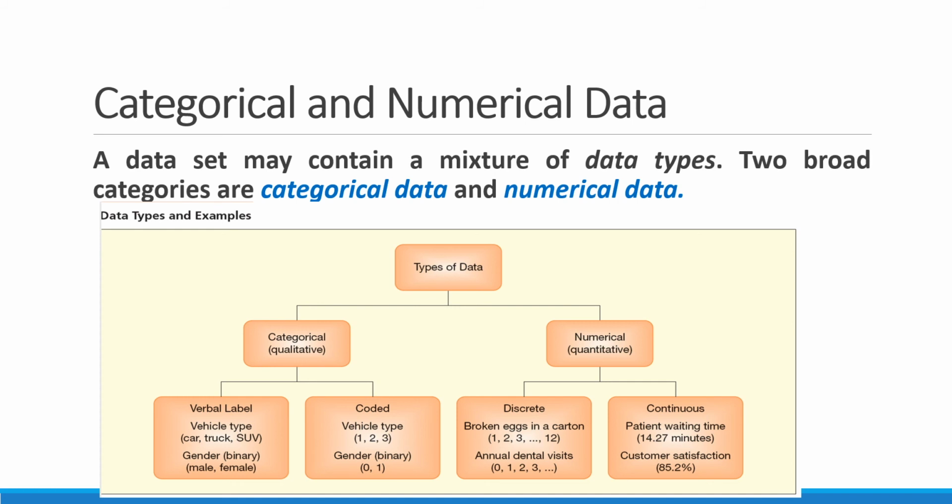So in discrete, it's the number of visits regardless of the time you spent inside the clinic. But in continuous, the example is the time the patient waited inside the clinic. In this case, the time may be 1 hour and 30 minutes and 45 seconds, for example.